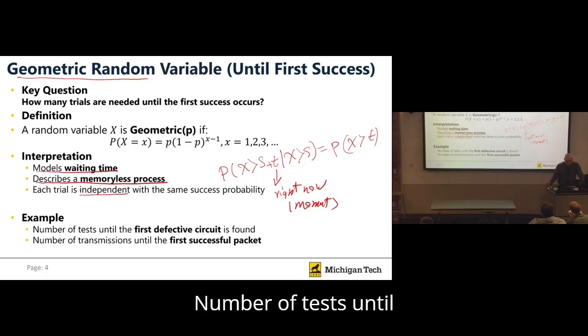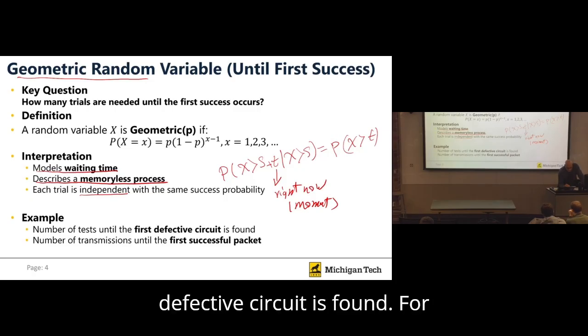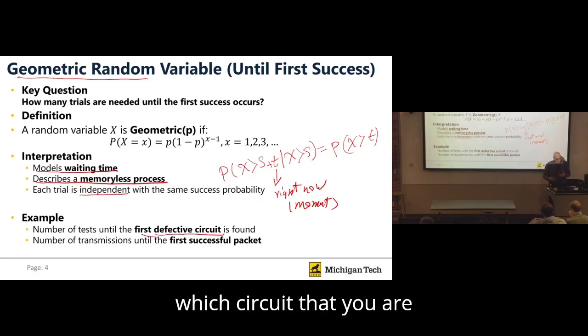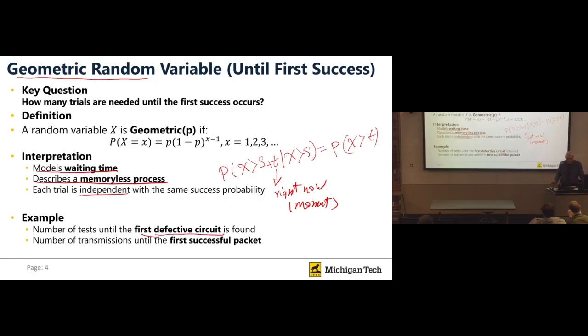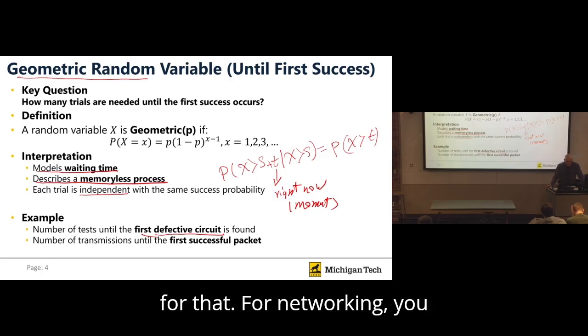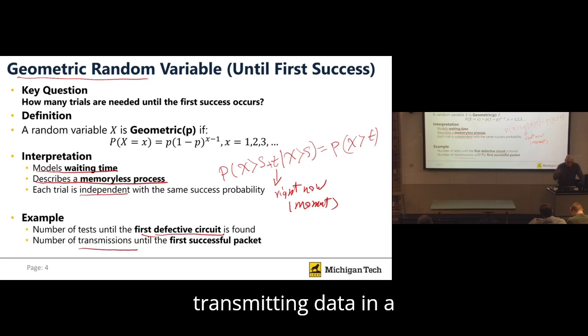Number of tests until the first defective circuit is found. For example, in a factory, you want to see which circuit you are manufacturing is defective. You can use this distribution for that. For networking, you also can use it when you are transmitting data in the network.